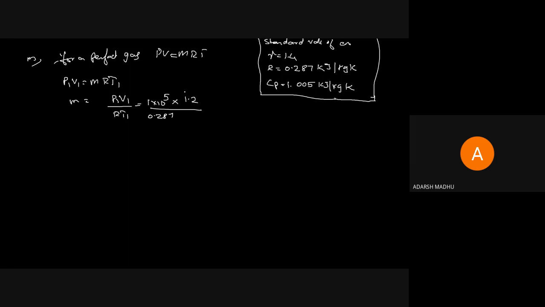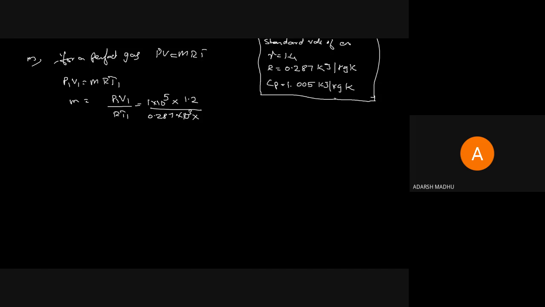So we want to convert the value into joules by multiplying by 10 raised to 3, because temperature is given in Kelvin and pressure is also taken in bar, converted to Pascal.